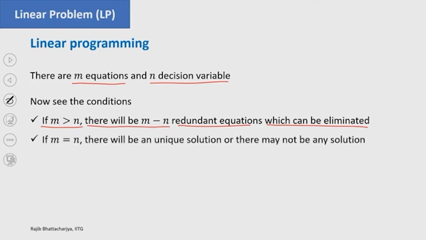Now, the second condition is that if m equals n, that means the number of equations is equal to the number of variables, there may be a unique solution in this case, or there may not be any solution.